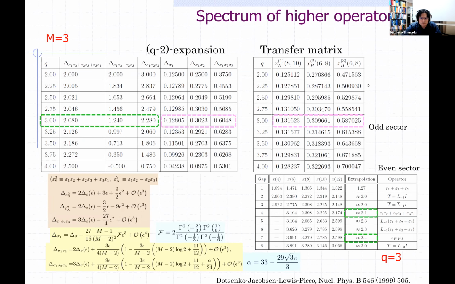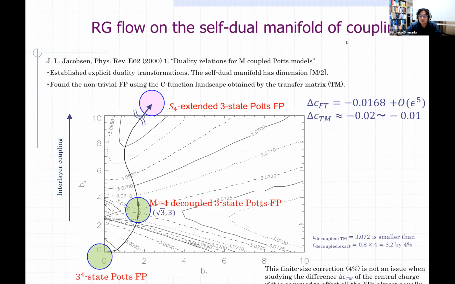And now the spectrum of m equals 3. Now this is the paper by this one.